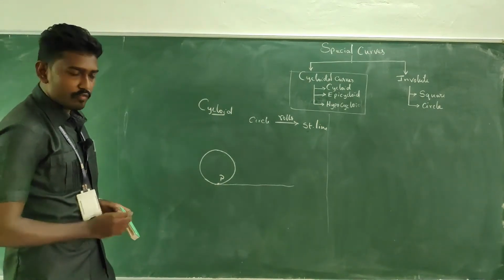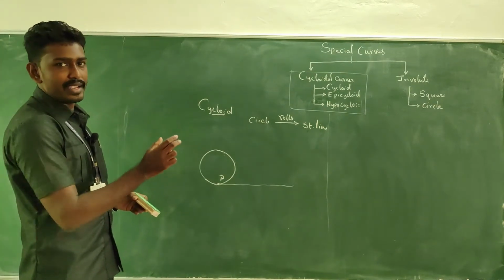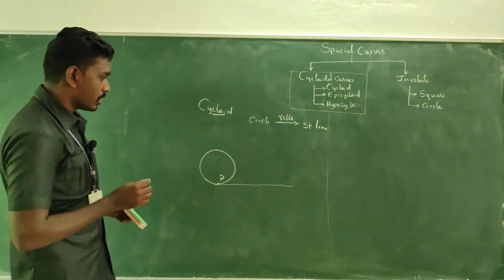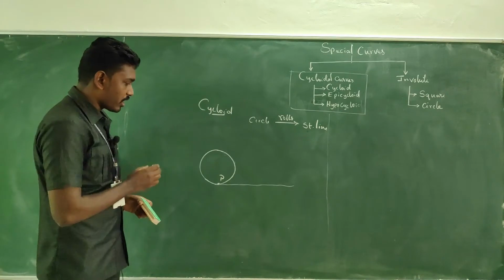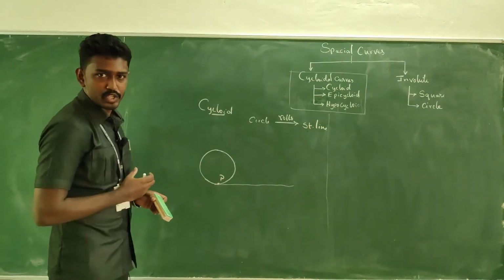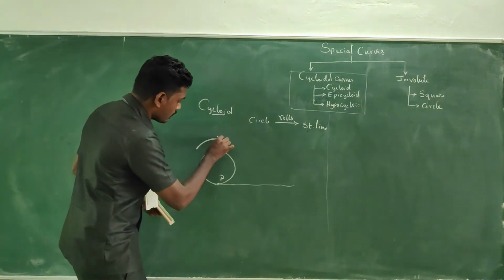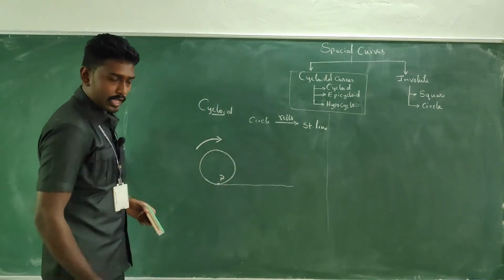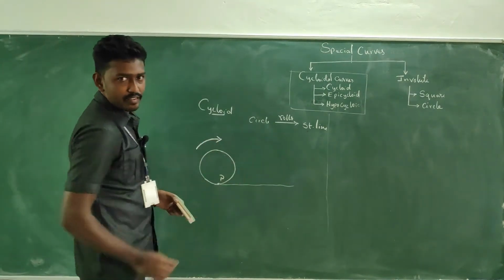When it rolls along this straight line path, it will trace a path that is a cycloid. Just imagine you have a coin and a table. Try to roll it and capture it. Or imagine this circle is rolling clockwise to obtain a forward motion, and try to keep your eye on this point.